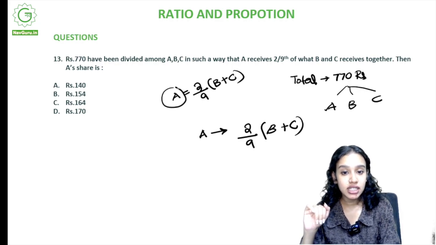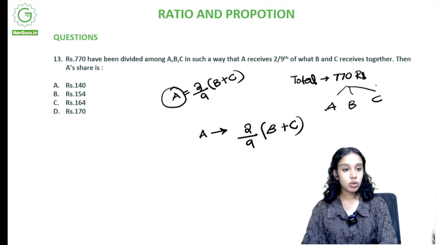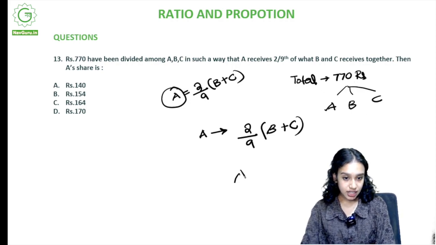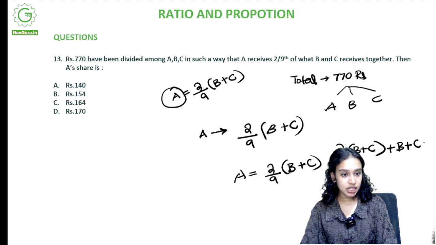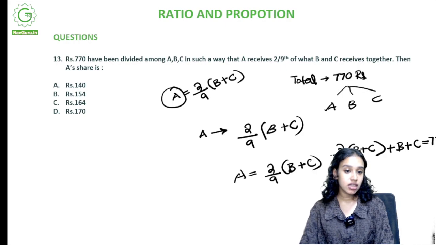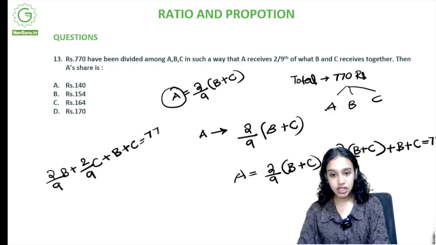So then we have to calculate the share of A, right? So let's see. We have total 770. We can write this as A equal to 2 by 9 into (B plus C). So 2 by 9 (B plus C) plus B plus C is equal to 770. So we have how many parts here? We have 2 by 9 B plus 2 by 9 C plus B plus C equal to 770.